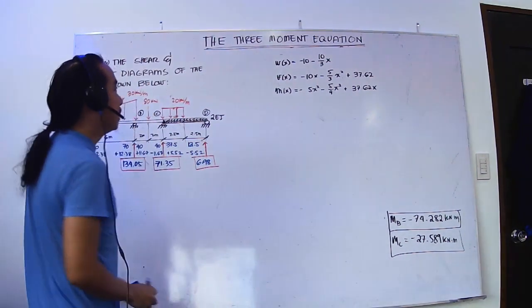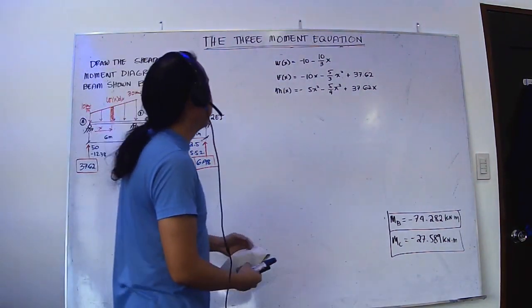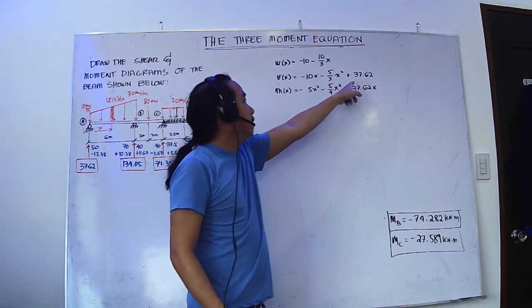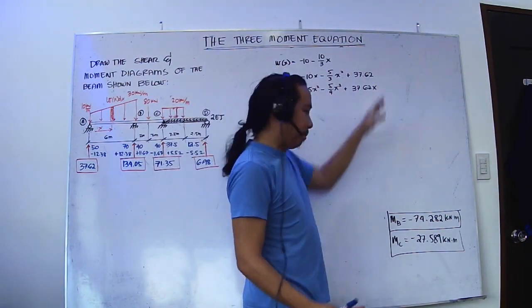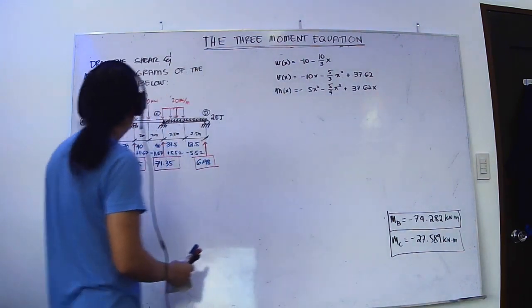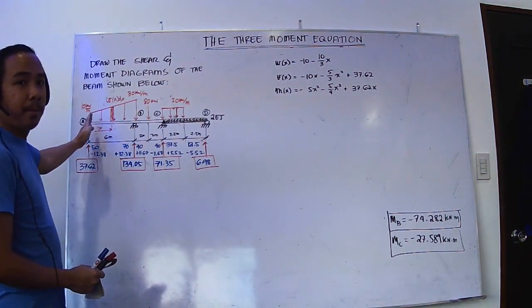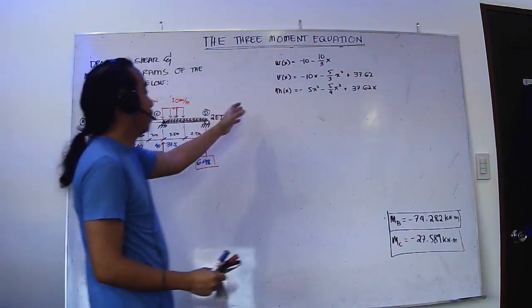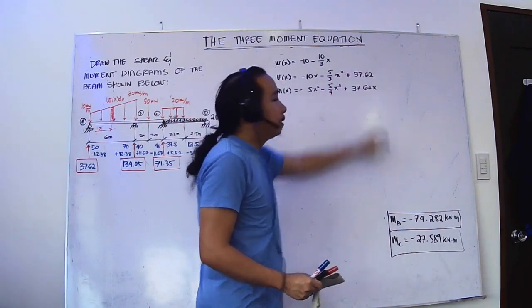After integrating, plus C should be there, right? Ask yourself, what is the shear at this point? The reaction is 37.62, so 37.62 is what we put in the shear equation.